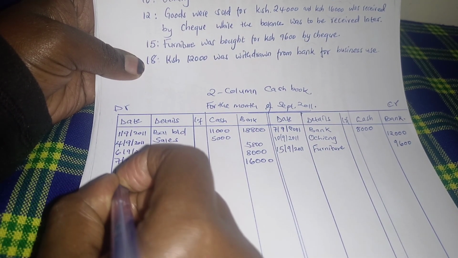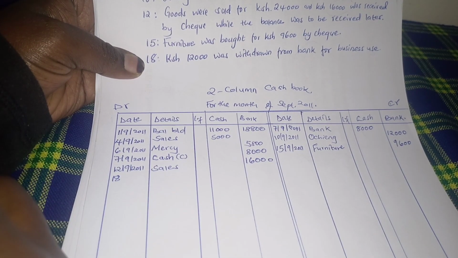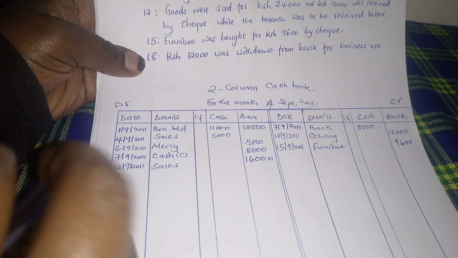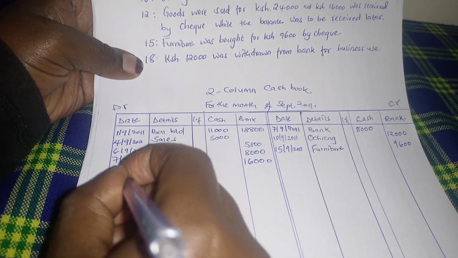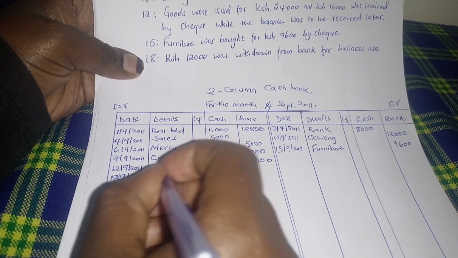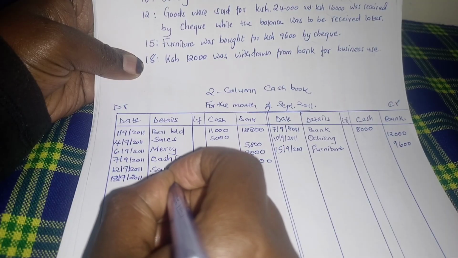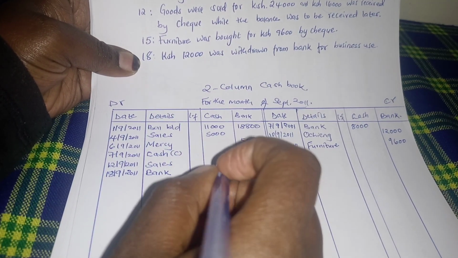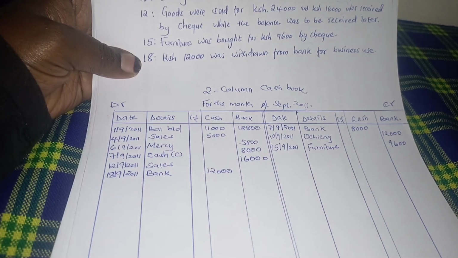So on date 18th, we are going to debit what increased. It was the cash in hand. So on the 18th of September 2011, where did this money come from? From the bank. How much was it? It was 12,000.